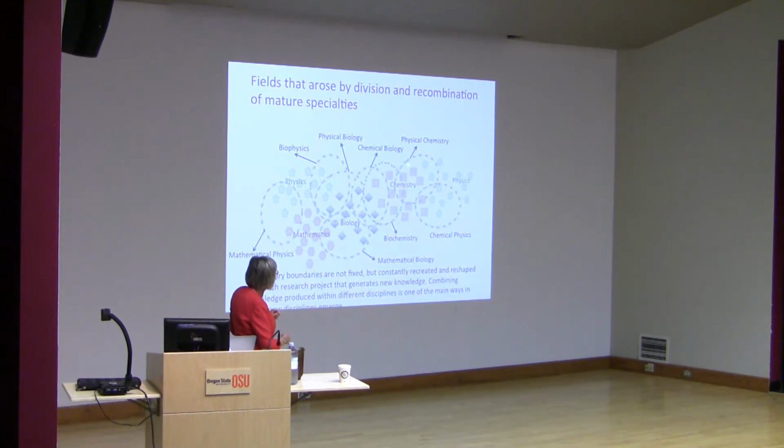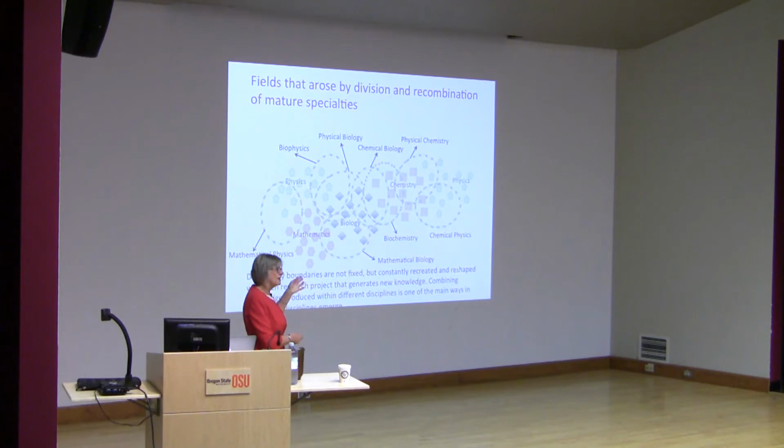And if you look at the boundaries between them, then you can see how those new disciplines emerge. Probably the one that's the oldest is biochemistry at the boundary of biology and chemistry. We have biophysics, and then we have a whole other group that all emerges from the boundaries: chemical biology, physical biology, and so on.